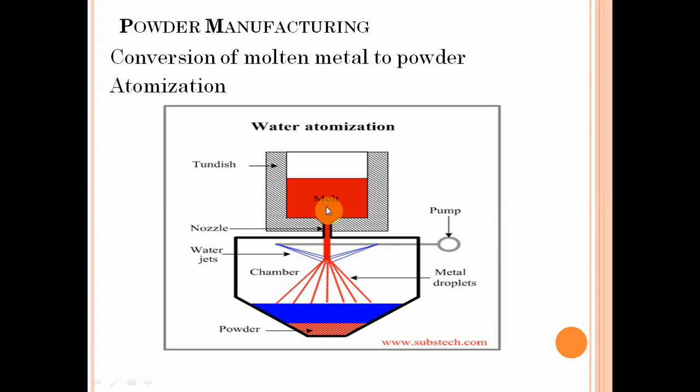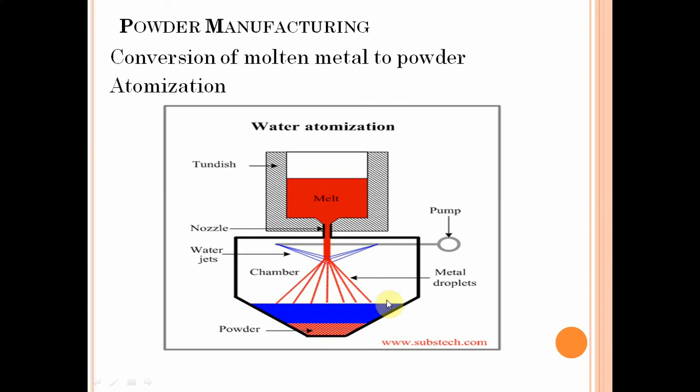Once the metal enters the nozzle, through the nozzle it enters the chamber. In the chamber we have the water jet system. Through a pump, water is injected onto this hot metal. After some time, what happens here? The metal is converted into droplets. It loses its temperature as the cold water impinges on the hot material.